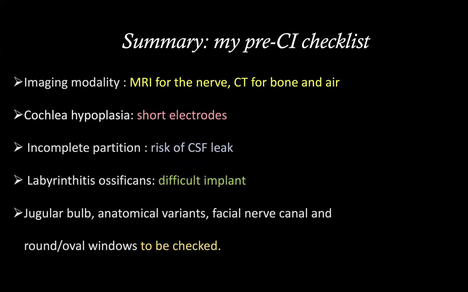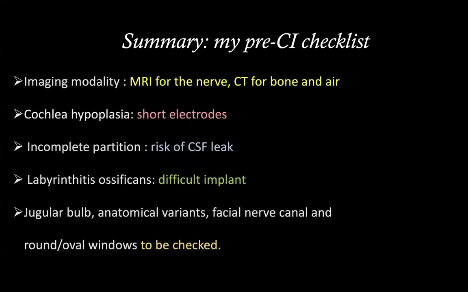So what is the summary of my pre-cochlear implant checklist? MRI for the nerve, CT for bone and air. Try to identify if there is a cochlear hypoplasia, so short electrodes, or incomplete partition, which carries a risk of CSF leak, and labyrinthitis ossificans, which will give you difficulty in implant.